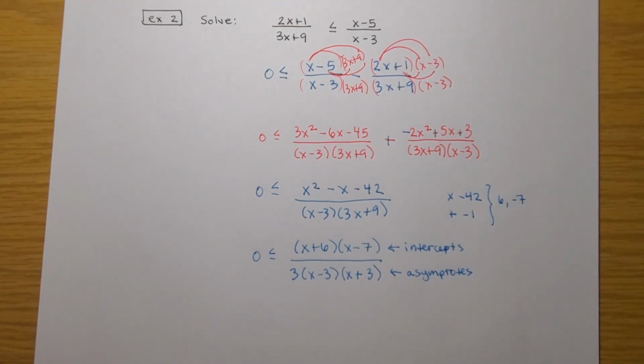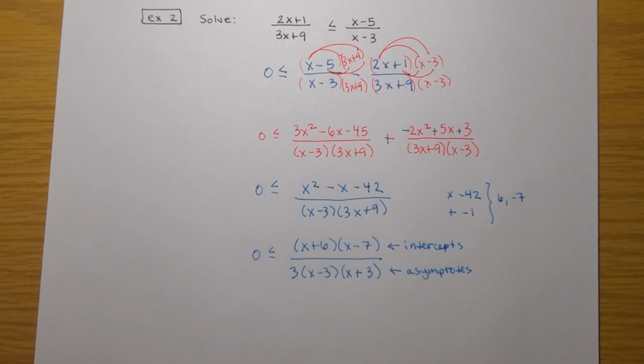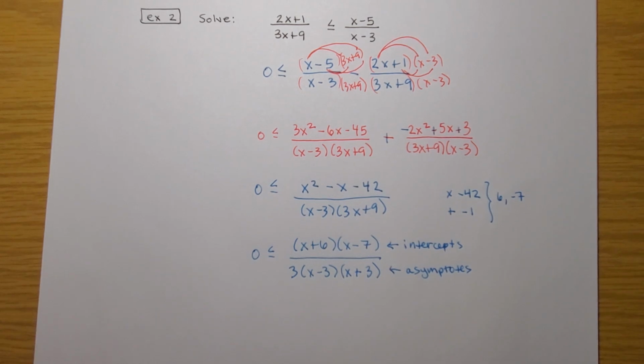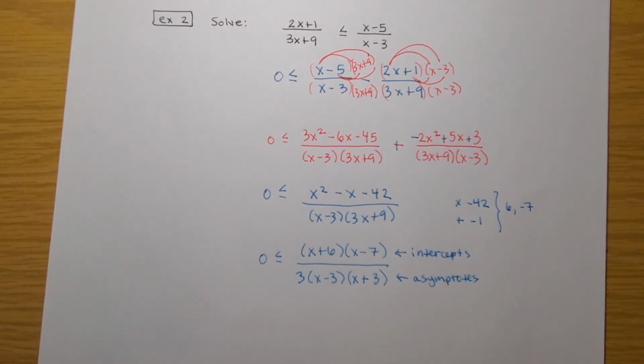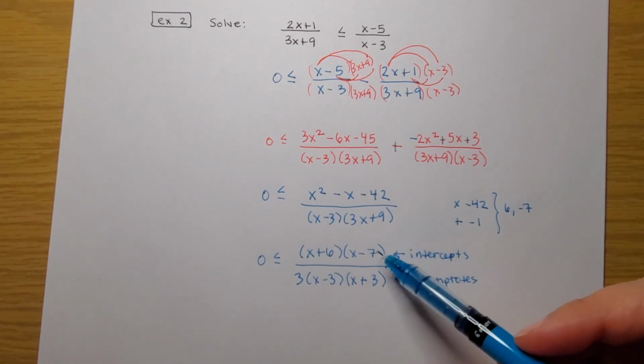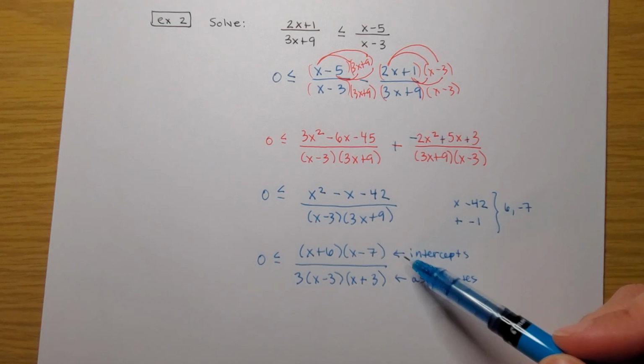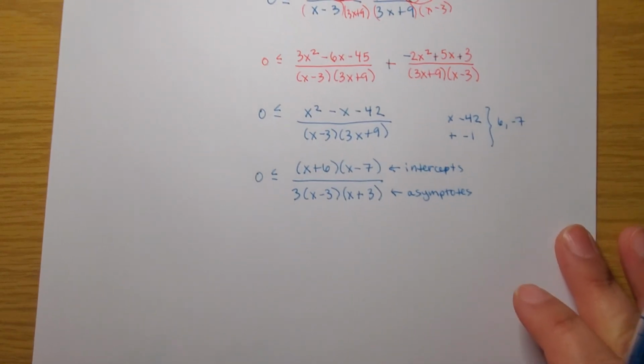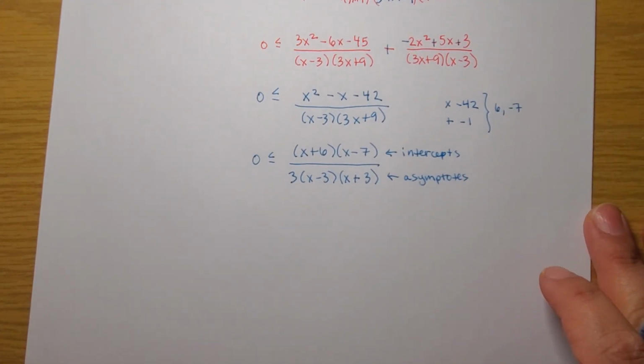We don't care so much about horizontal or oblique asymptotes for our table of signs, because a horizontal or oblique asymptote isn't going to change whether our result is positive or negative. But we can change direction at intercepts, and we can change direction at asymptotes. So that's why we care about those.